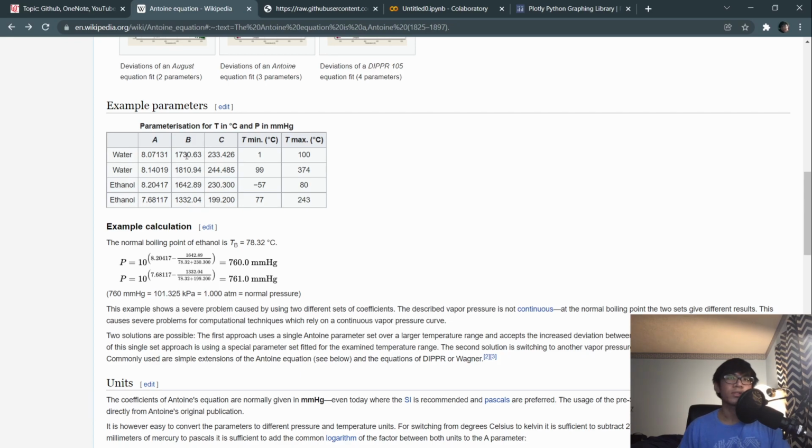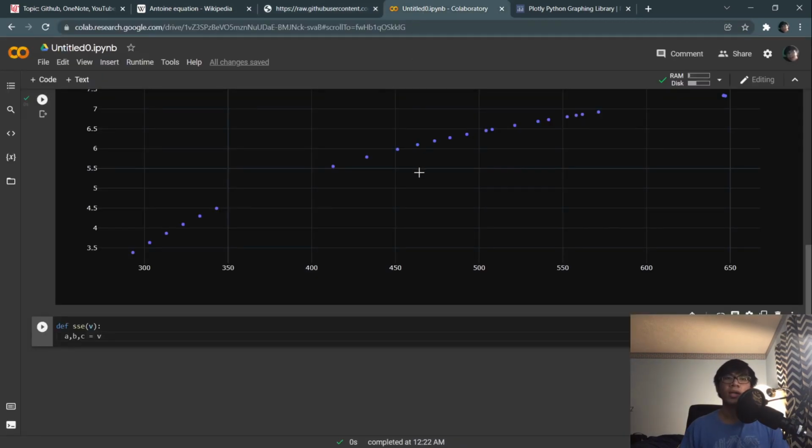So assume if it was water, make sure you're using these certain parameters for these ranges of temperature, again in Celsius, and just look at how it changes. So again, something to keep in mind when you're calculating that. Okay, so we're going to define the function, define our sum squared error, with A, B, and C.